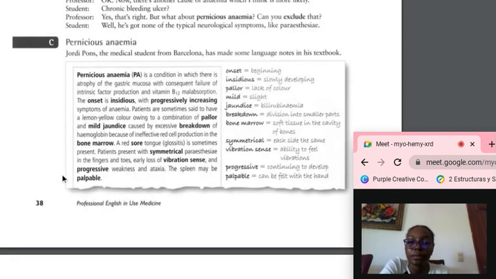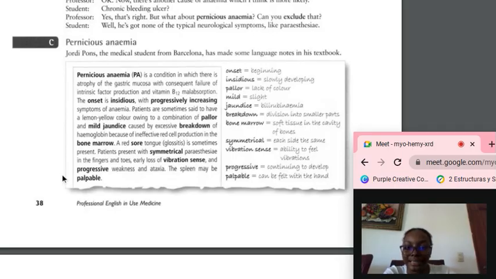Pernicious anemia. Jordi Pons, the medical student from Barcelona, has made some language notes in his textbook. Pernicious anemia, PA, is a condition in which there is atrophy of the gastric mucosa with consequent failure of intrinsic factor production and vitamin B12 malabsorption.